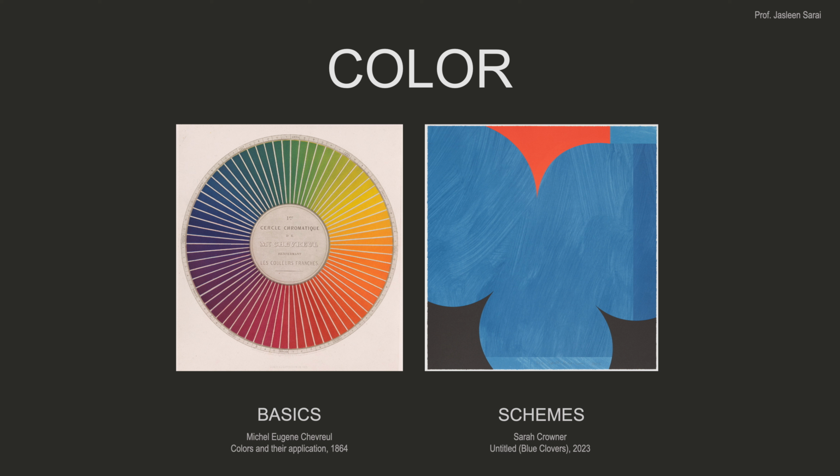So I'm going to be just talking about a couple of base things when it comes to color. We're going to go over some basics where you will learn some new terminology on color and color mixing. And then we're going to go over some color schemes and how that can change the mood of your composition.